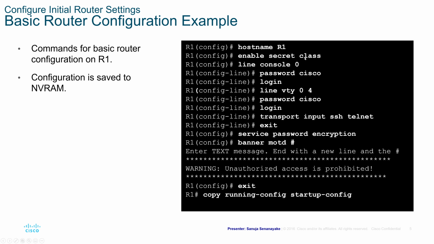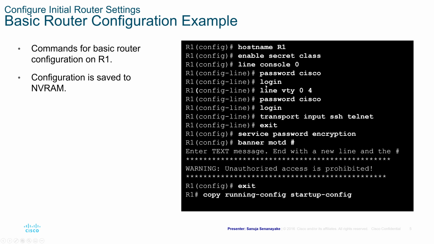By entering enable secret class, we have encrypted the password class. Then line console 0 gives you the line console password configuration, and in here they have set Cisco as the line console password.